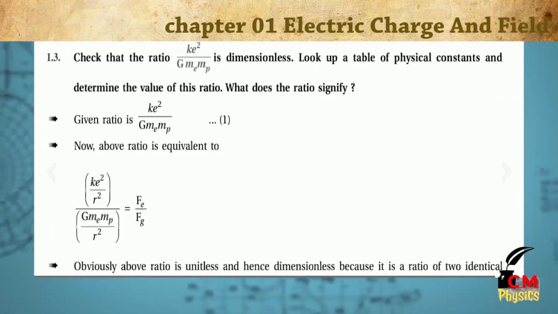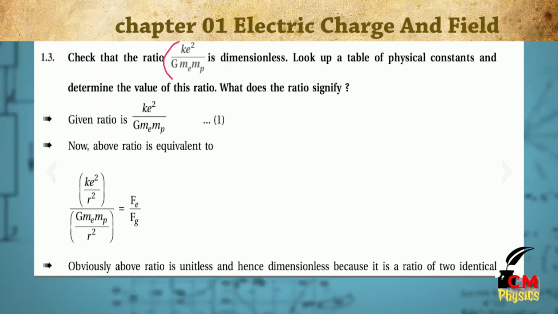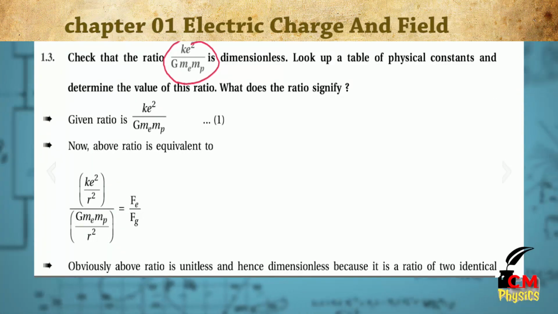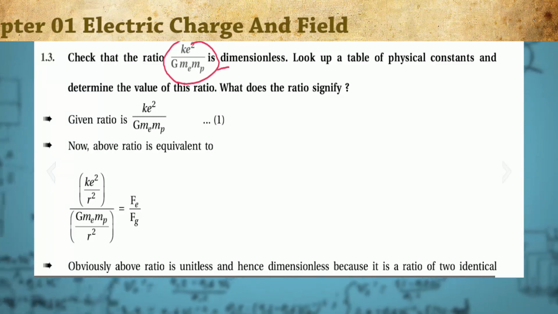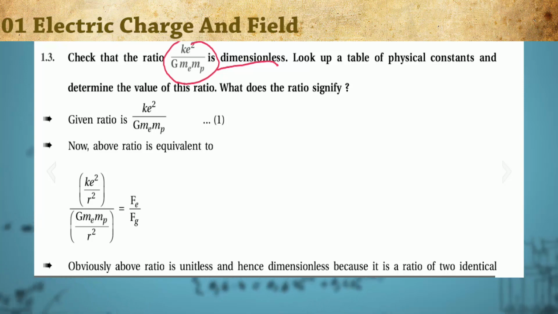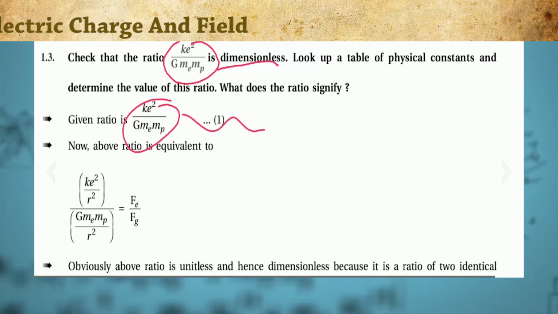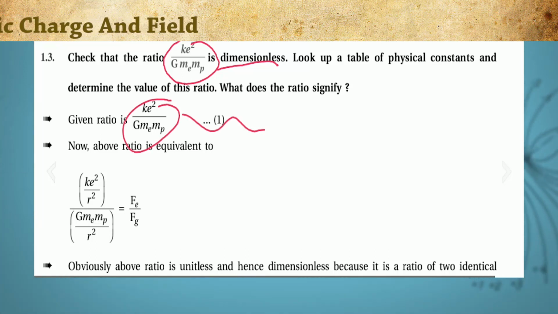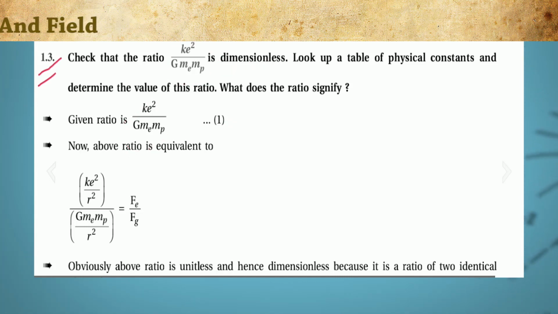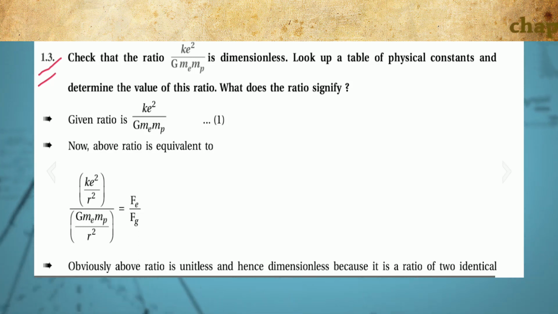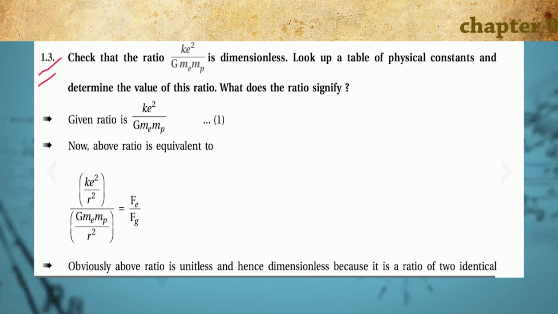This ratio is dimensionless because it is force upon force, there is no unit. After putting in all the values, the ratio is nearly 10 raised to 39. It is a very simple question with 3 marks, but it is not as important for the board examinations.